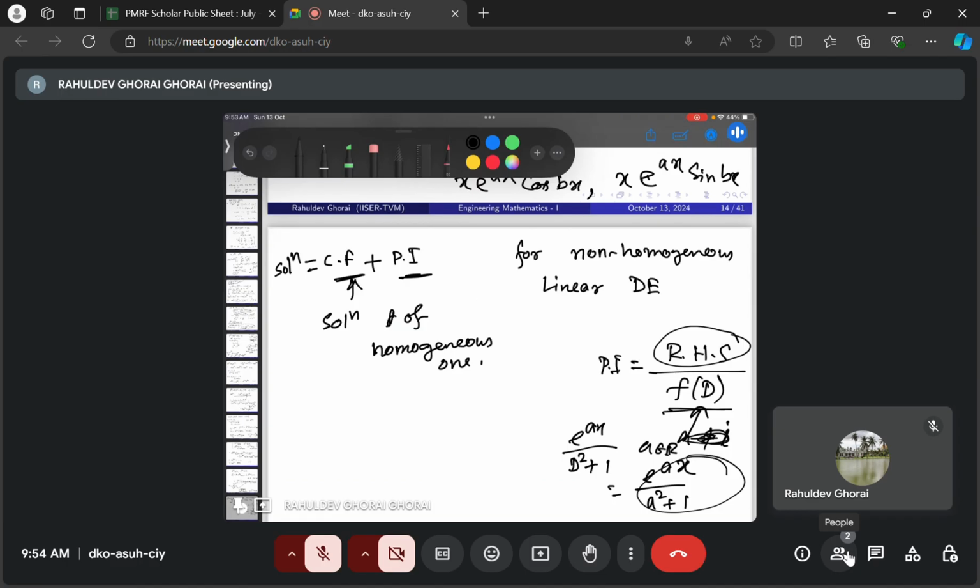Okay, so the particular integral will not contain any arbitrary constant. And the solution, let's say y, then y minus PI will be the CF. So y minus PI will be the solution for the homogeneous differential equation.